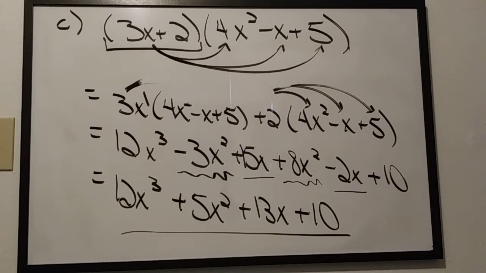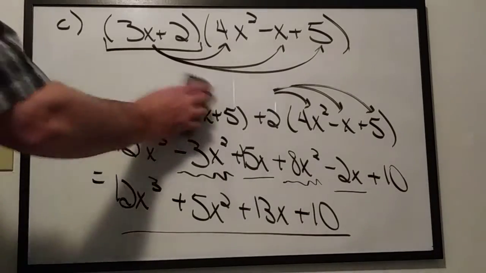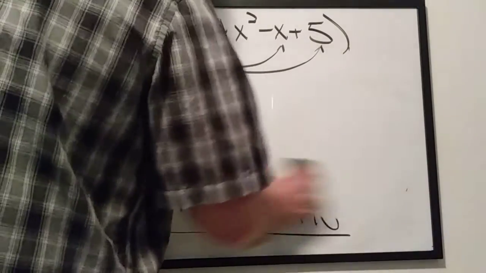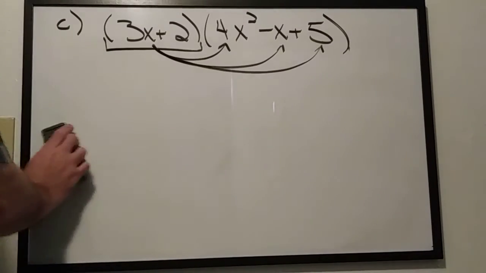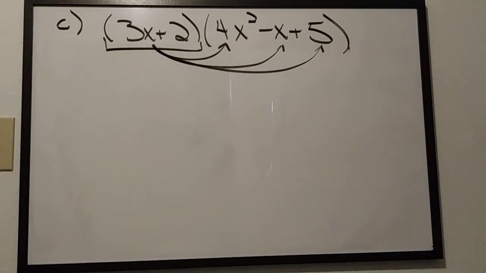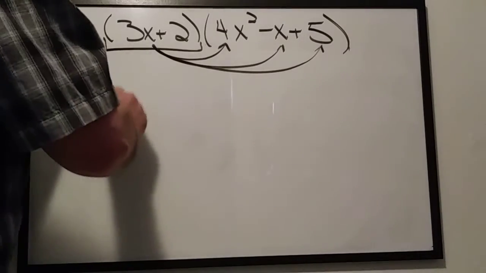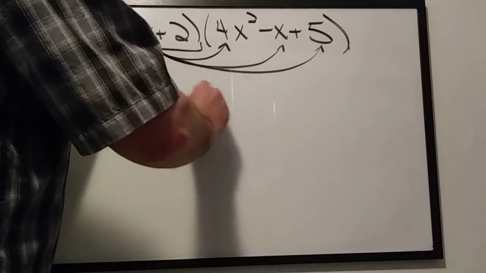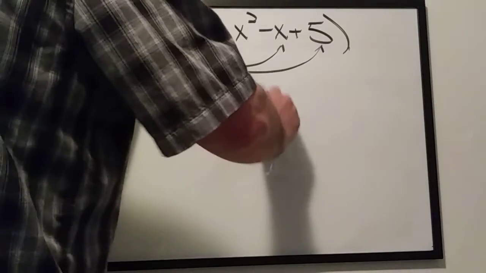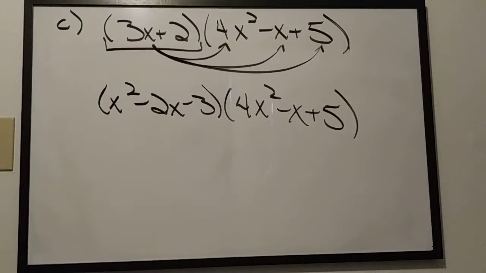The next comment that I want to make is, what would you do if instead of having a binomial times a trinomial, you had a trinomial times a trinomial? What happens if we would have x squared minus 2x minus 3 times 4x squared minus x plus 5? Well, we could do the same kind of thing that we just did.